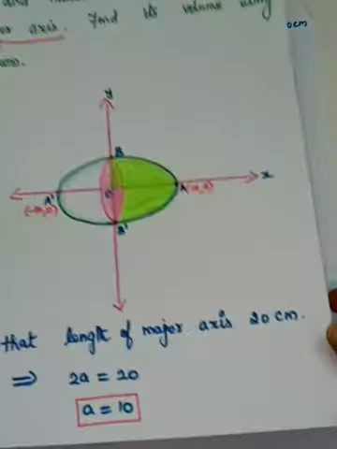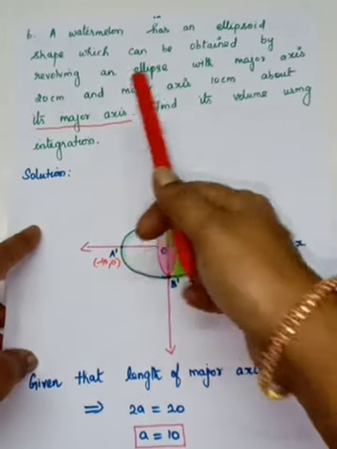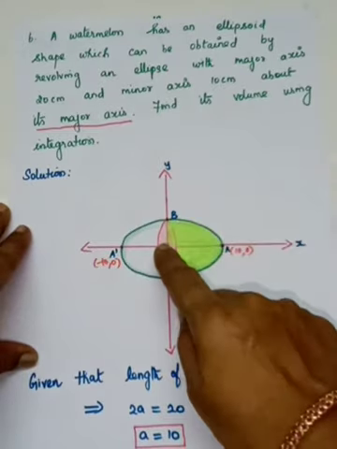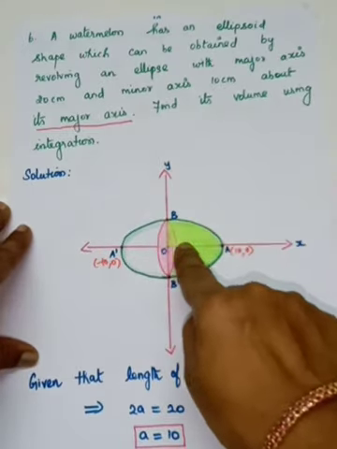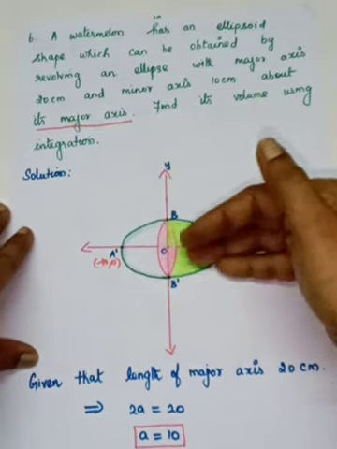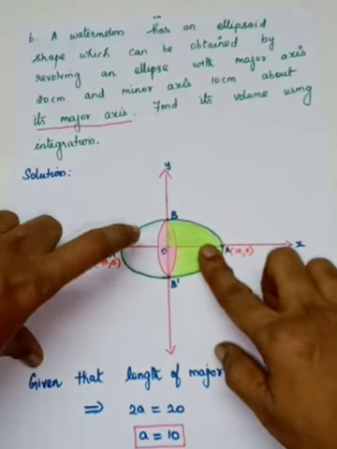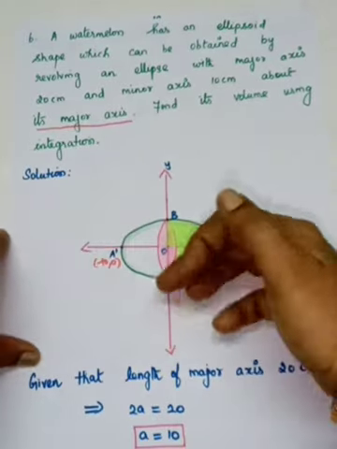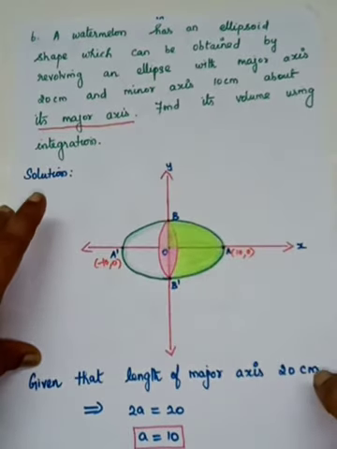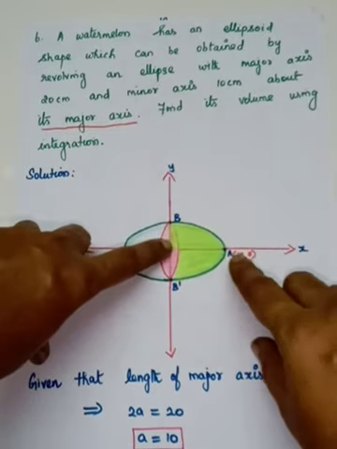See that this ellipse is revolved about its major axis. Now, when this part, that is OAB, the area in the first quadrant, is revolved about the x-axis, you will get this part. And when this part is revolved, you will get the whole thing. Therefore I am going to write the limits as 0 to 10.